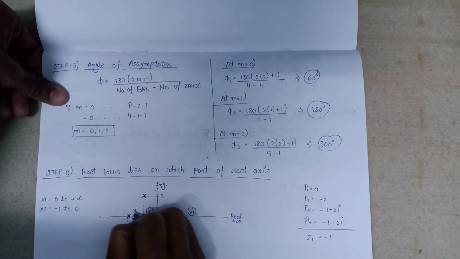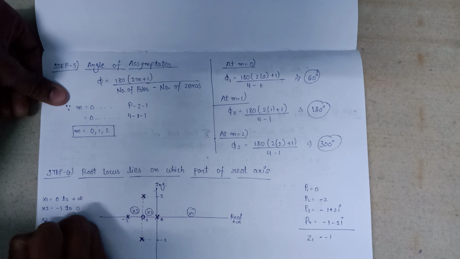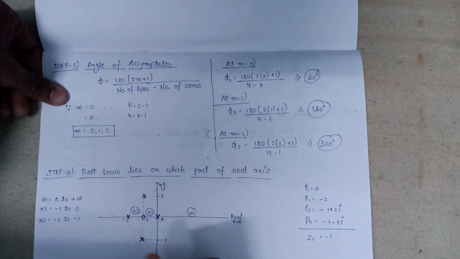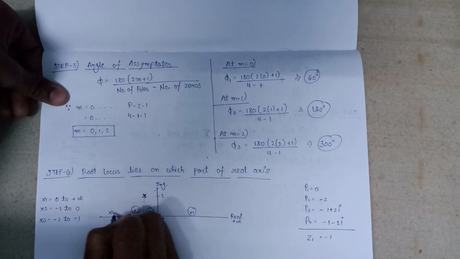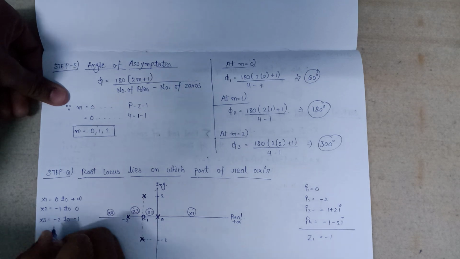Region x3 ranges between minus 2 to minus 1. And region x4 lies between minus infinity to minus 2.